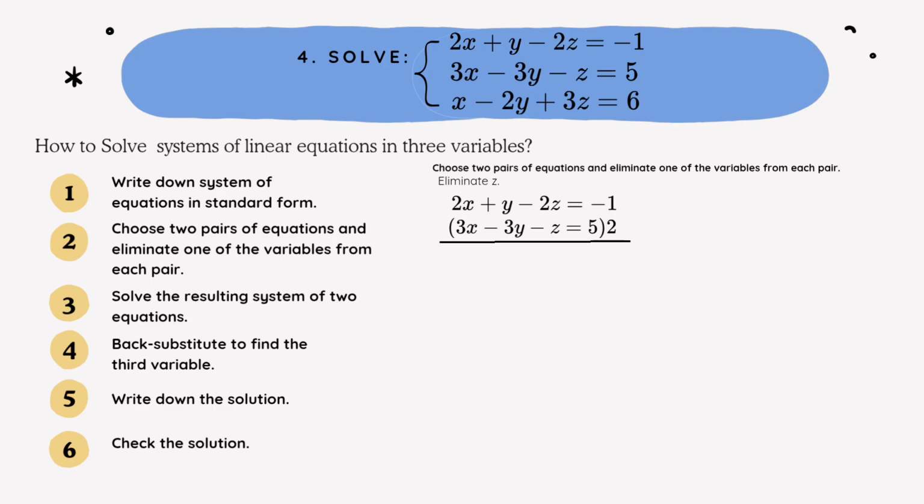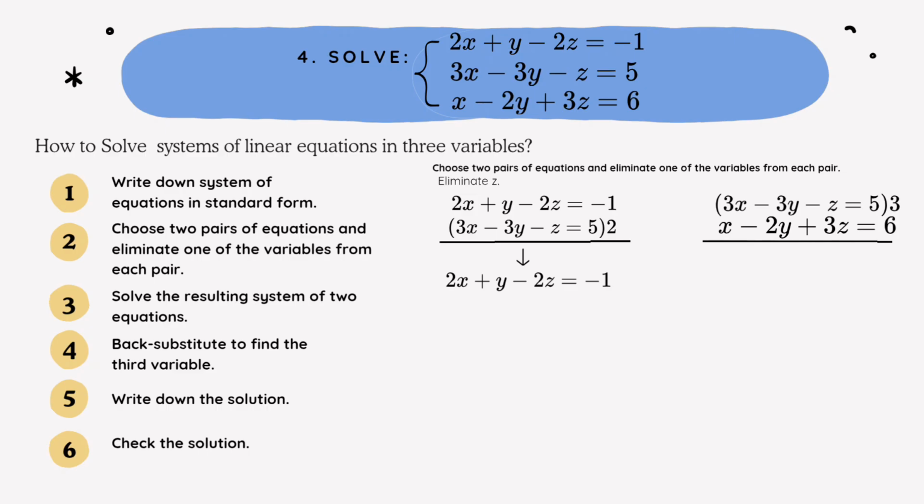And to do that, we have to multiply the second equation by 2. Then rewrite our first equation and then the second equation will become. Let's now solve. To eliminate z, we have to subtract the two equations. This will result in another equation. Negative 4x plus 7y equals negative 11 is our equation 4.